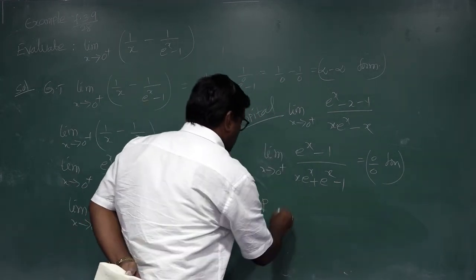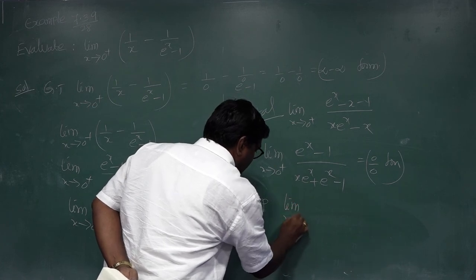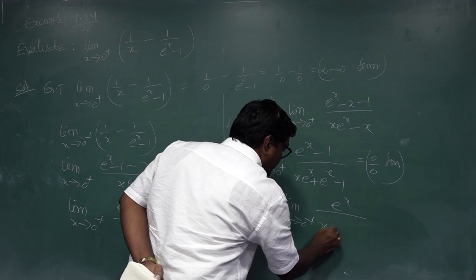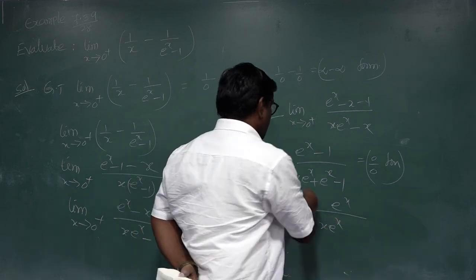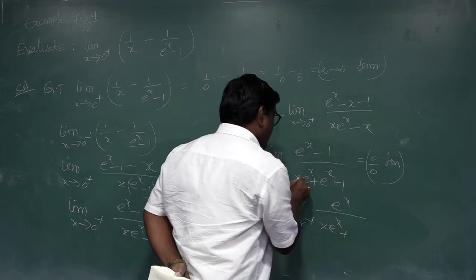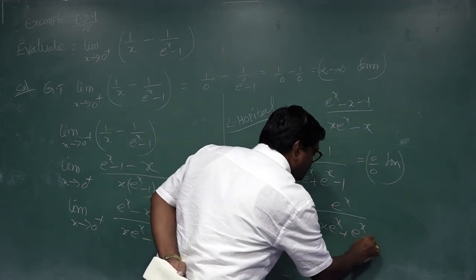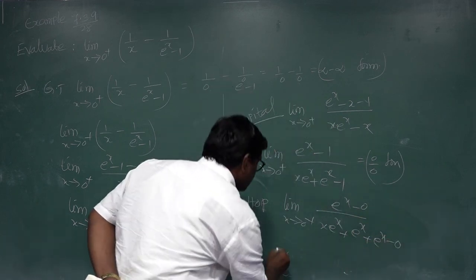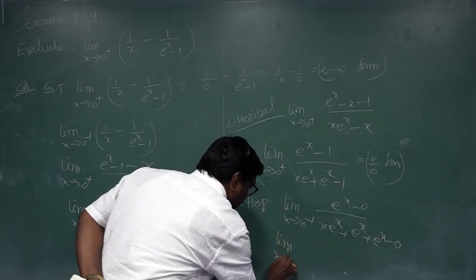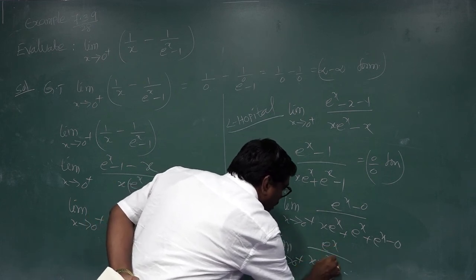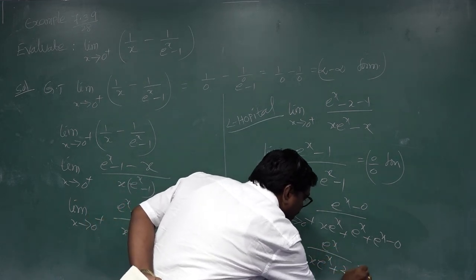Limit x tends to 0 plus of e power of x by x into e power of x. By the UV formula, the derivative of x into e power of x is e power of x plus x into e power of x, and adding e power of x gives x e power of x plus 2 e power of x.